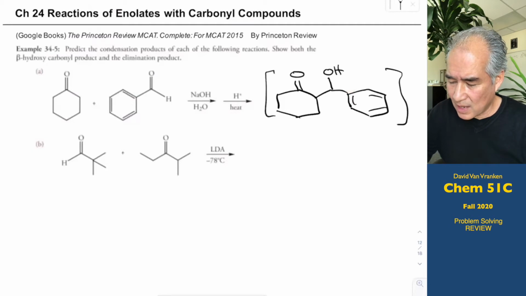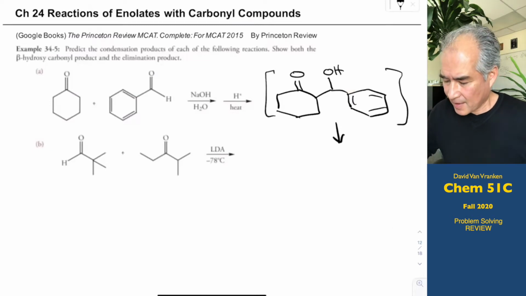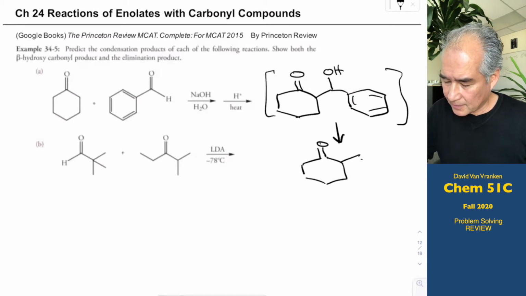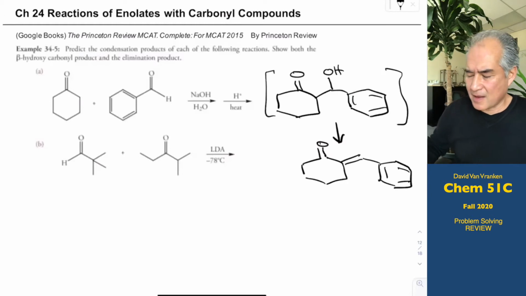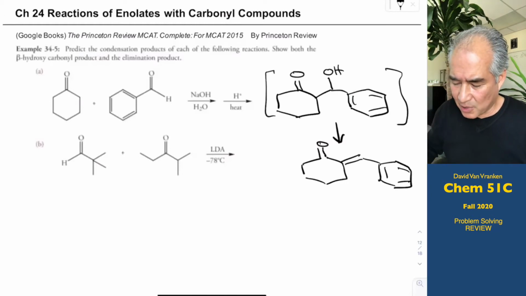But let me go ahead and draw out what you would get after this. What you would get after this step is the enone. This would be the product. And you'd get an E and Z mixture of the two different alkenyl isomers as the product for that reaction.